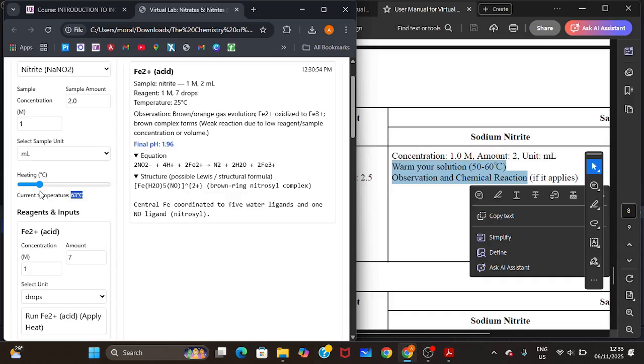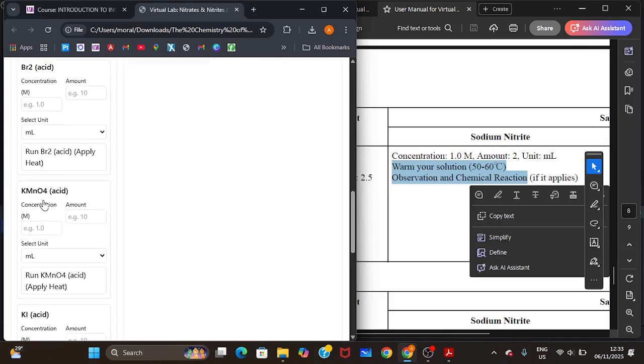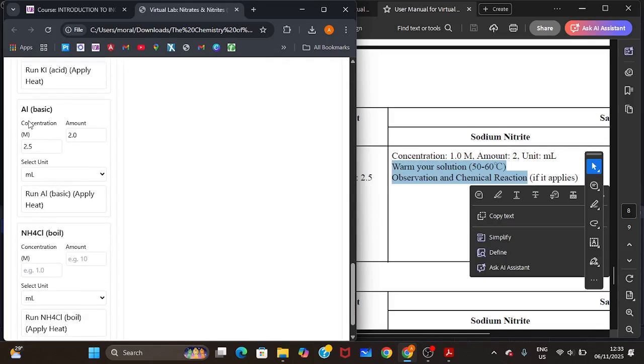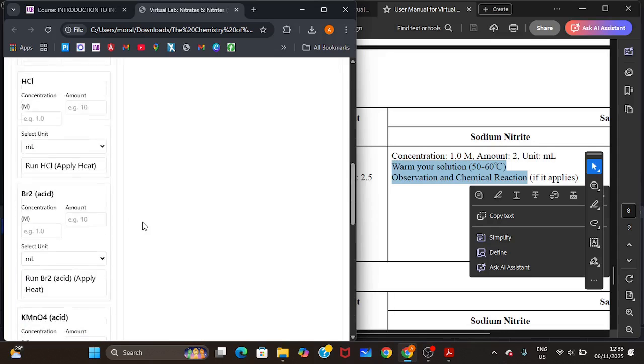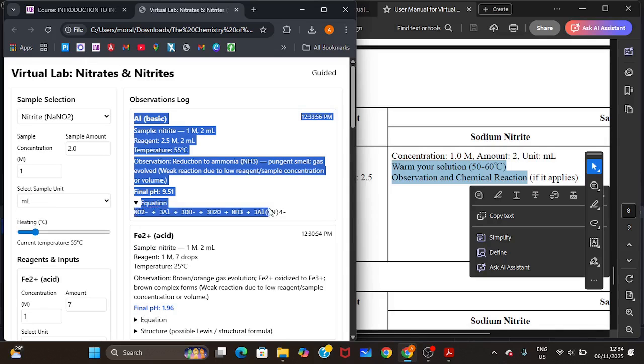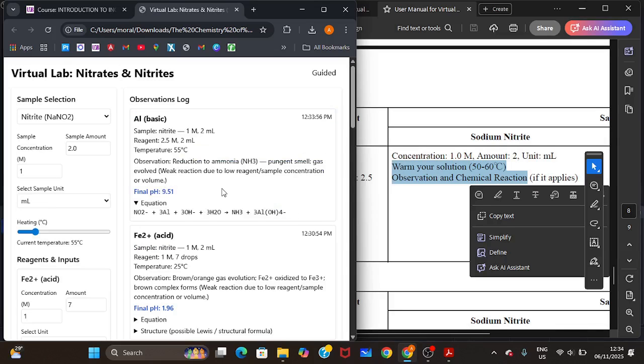So let's go with 55 degrees. That should be good enough. Okay. Once you set your temperature, then you have to simply come back to your aluminum basic reagent section and you click on run aluminum basic apply heat. Okay. Once you click it, you go back to your observation log and you should be seeing the result of this specific simulation.